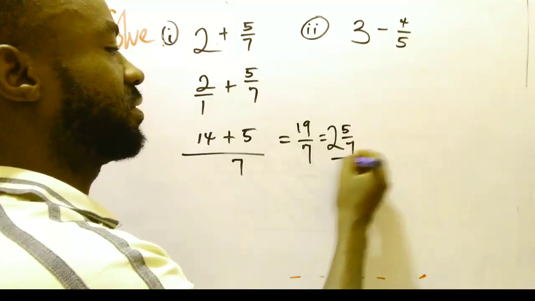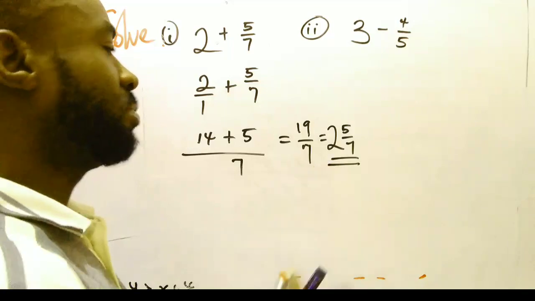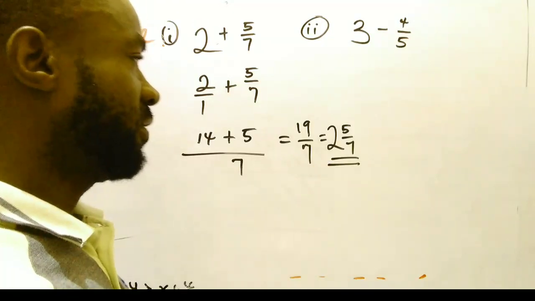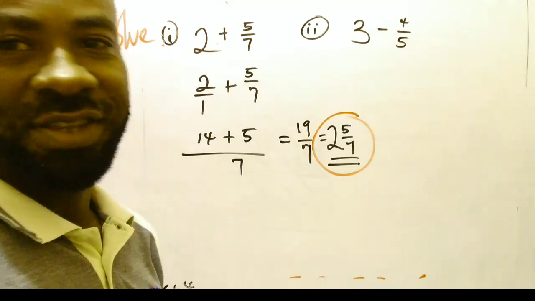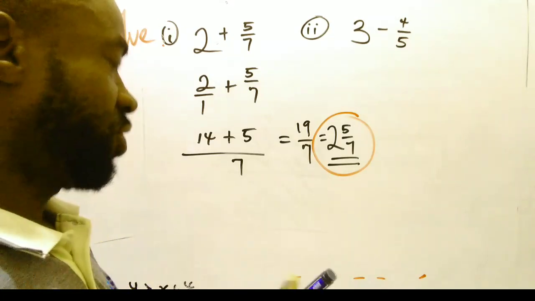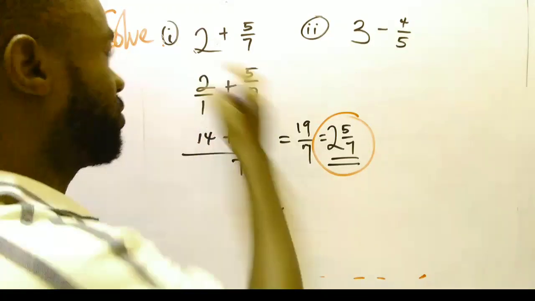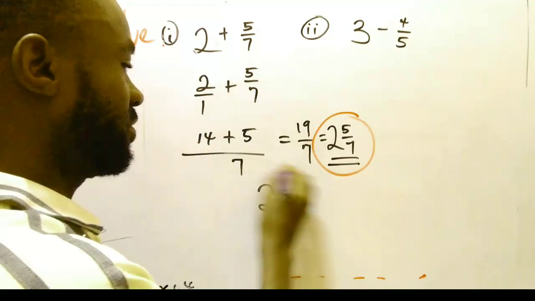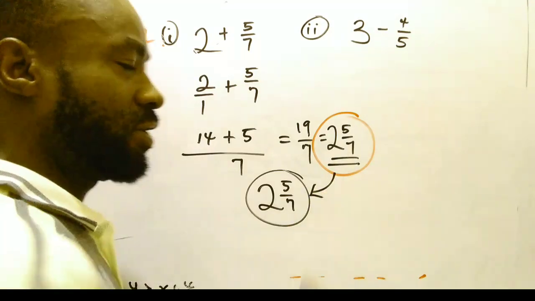Now, if you look at this solution, you can see that it is just joining these two together, this 2 and this 5 over 7. That is what this is giving us.